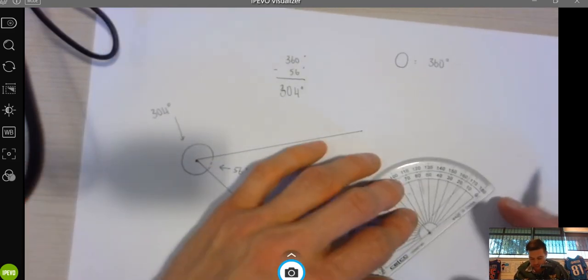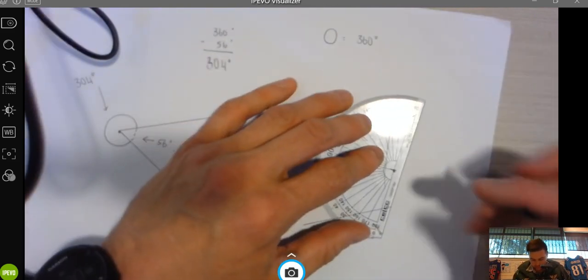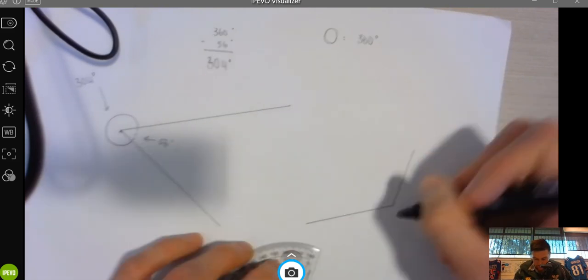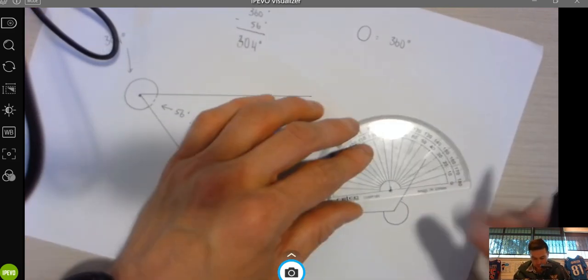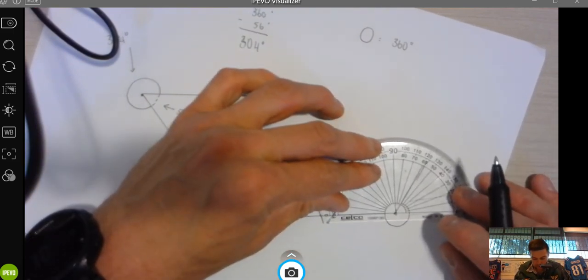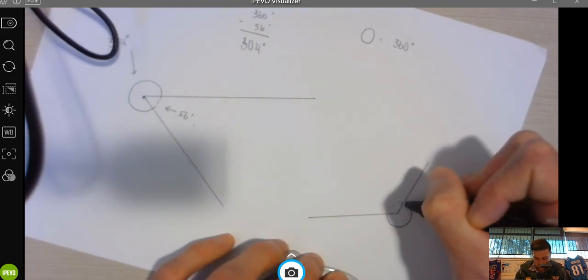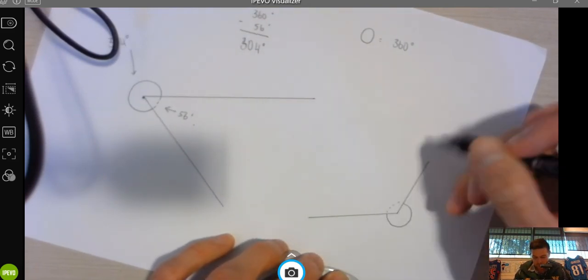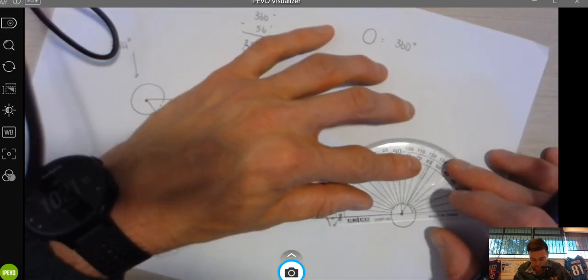So say if we do another one, say if I'll give you, okay, an angle like this, we've got to measure what's the outside. Again, we line up our middle section with our line, okay, just like so. Now, we should be able to see that this is an obtuse angle, okay? This part here is an obtuse, so we're using our numbers bigger than 90. So line it up.